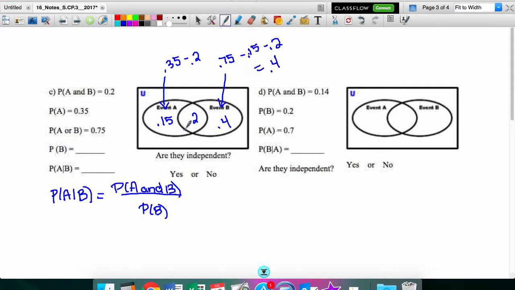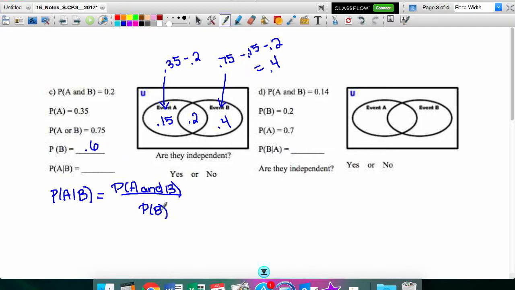So how will this help us find the probability of B, or the conditional probability? Well, now that we have all the individual pieces, we can find the probability of B by adding up the two pieces that make up B. So 0.2 and 0.4 make up B. That means that the probability of B has to be 0.6.